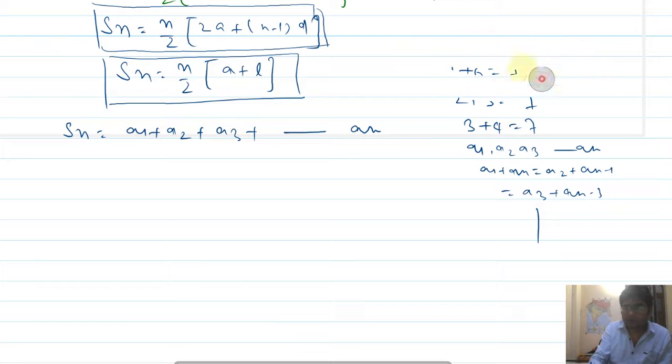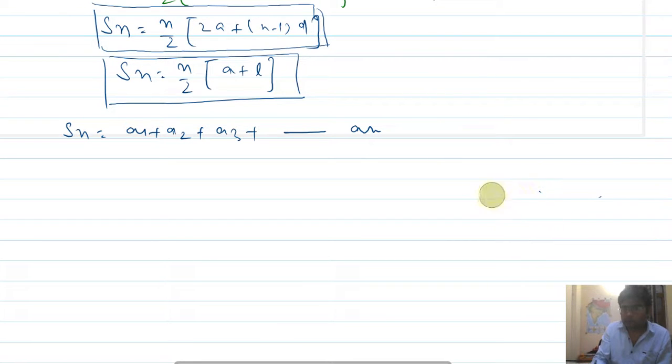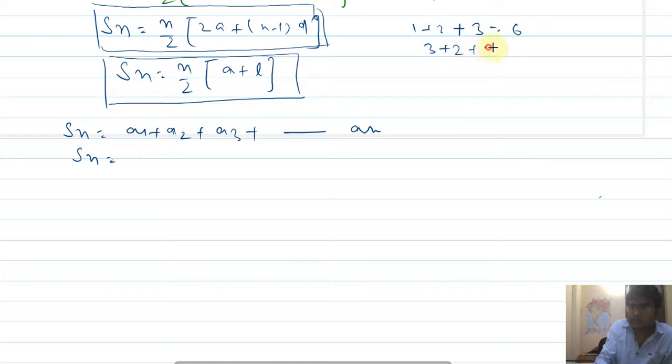I hope you understand. So 1 plus 2 plus 3 equals 6, and if you change it to 3 plus 2 plus 1, you again find the same.